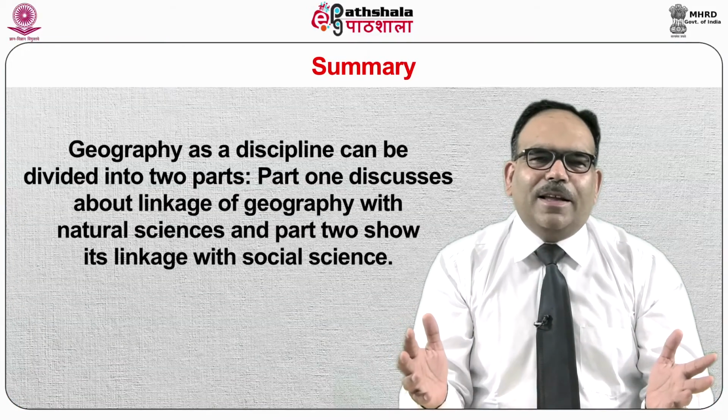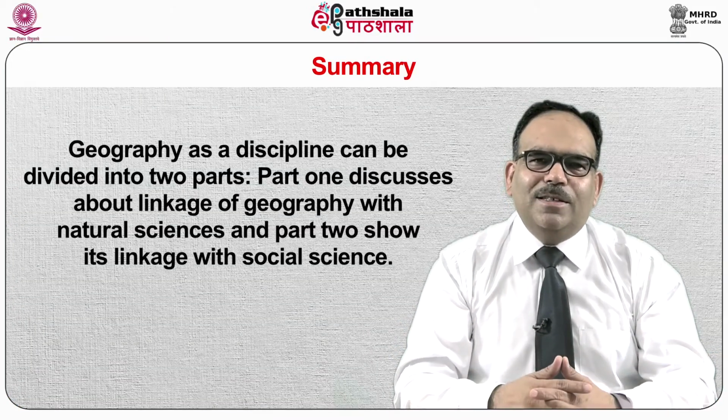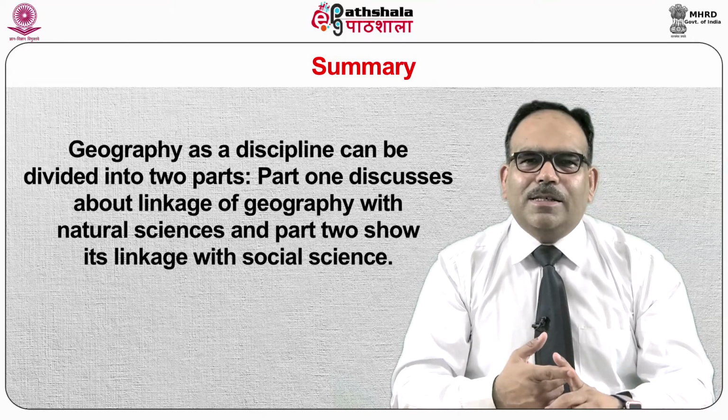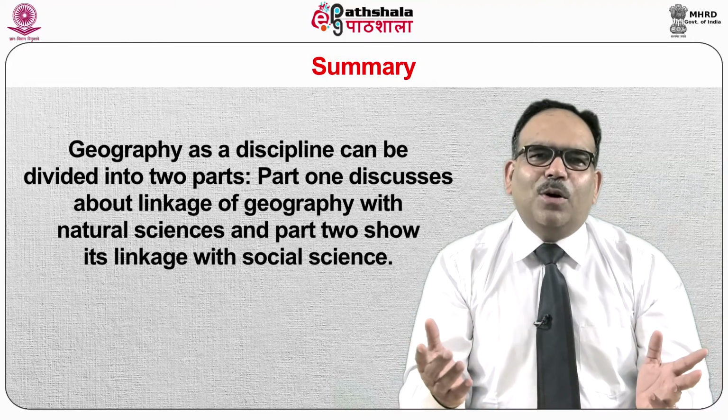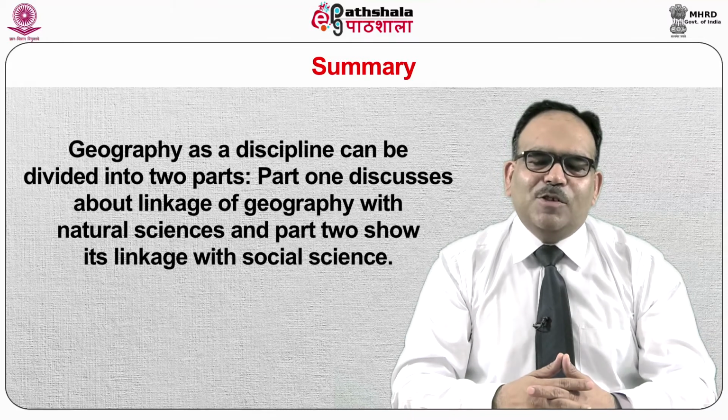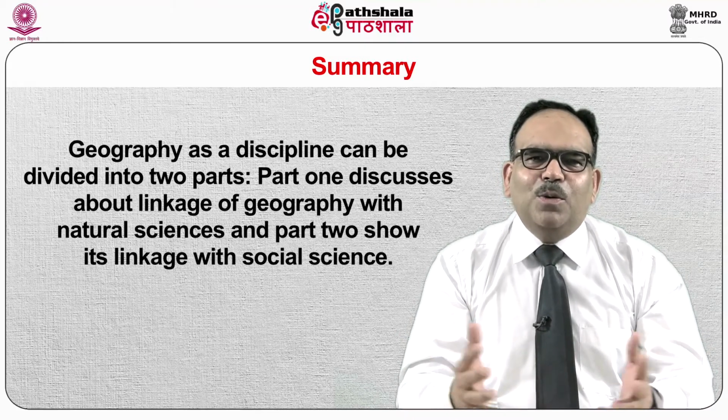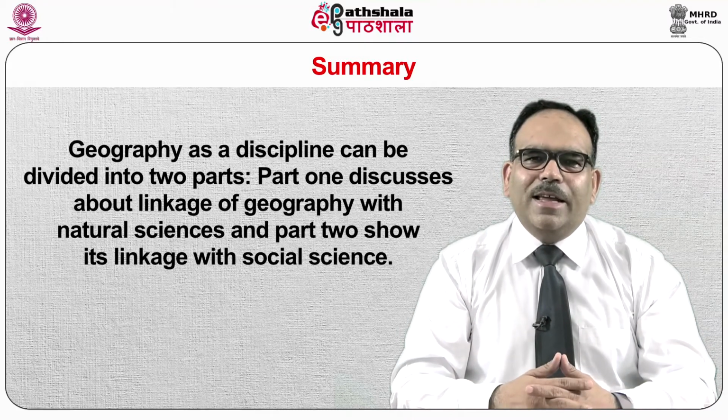Geography as a discipline can be divided into two parts. Part 1 discusses the linkage of geography with natural sciences and part 2 shows its linkage with social science. Geography is linked with subjects like geology, meteorology, hydrology, pedology, geomorphology, climatology, oceanography and soil biogeography.